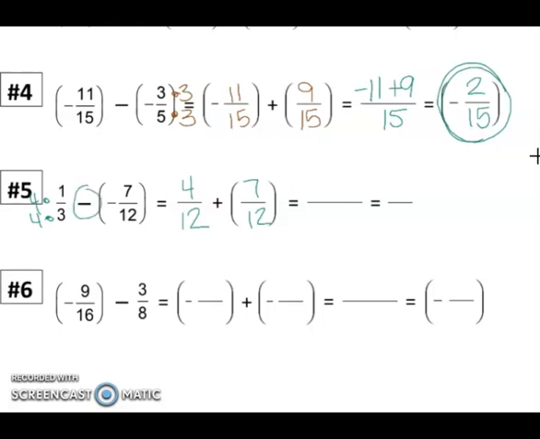Again, they have done the additive inverse for me. So 4 plus 7 in the numerator would give me 11 over 12. Those numbers are 1 digit away, so they can't reduce. So 11/12 is my answer.